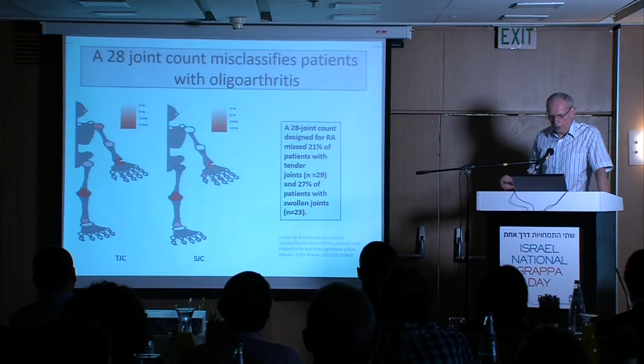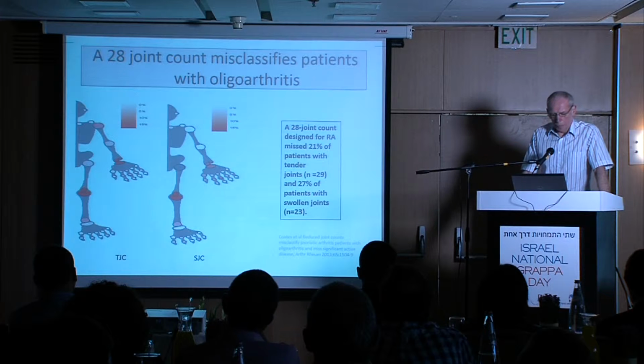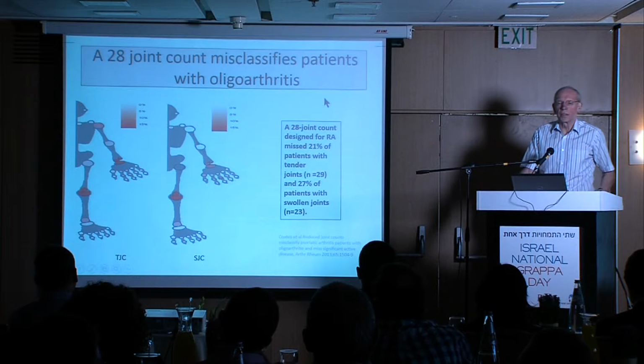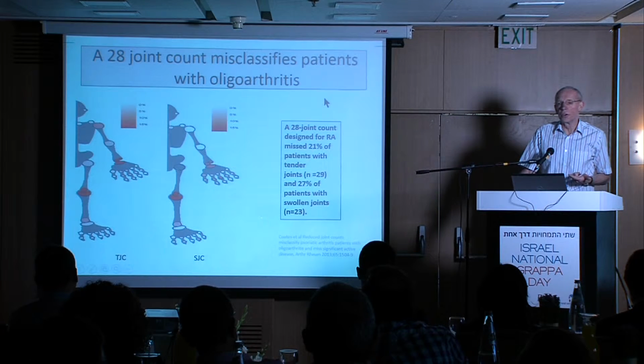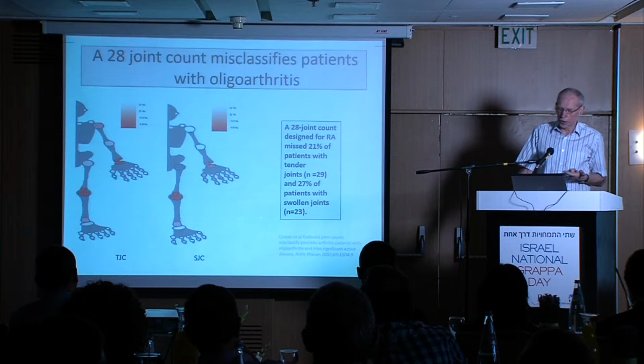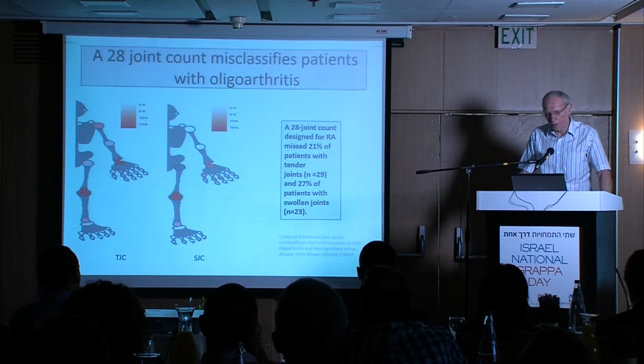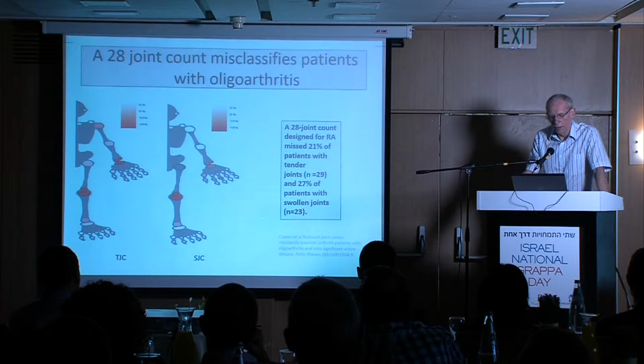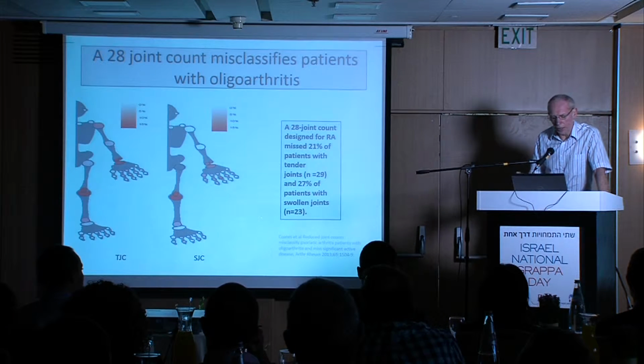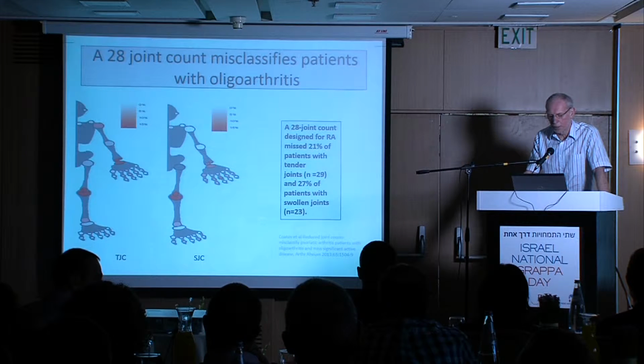And this data comes from the GRACE study, where we looked at patients with oligoarthritis and looked at 28, 44, 68, 66 joint counts, and found that the 28 joint count misclassified 21% of patients on a tender joint count and 27% of patients on swollen joint counts.